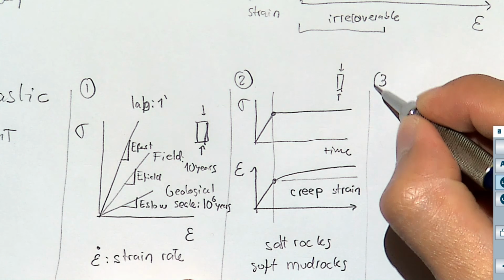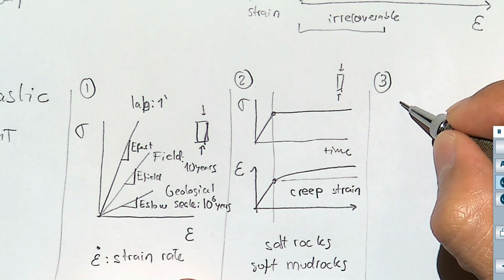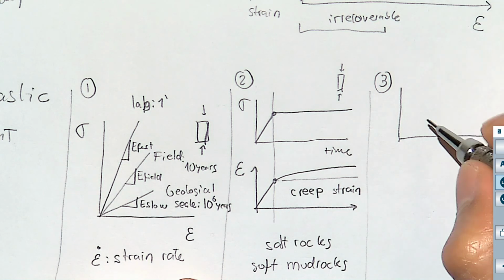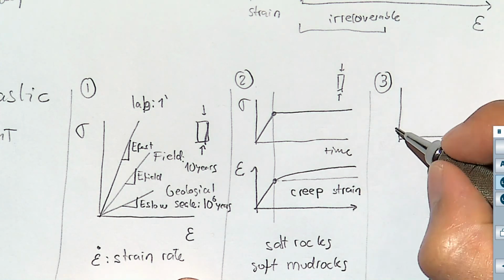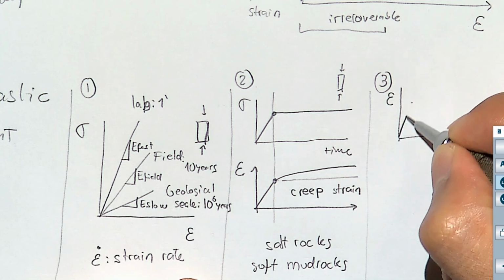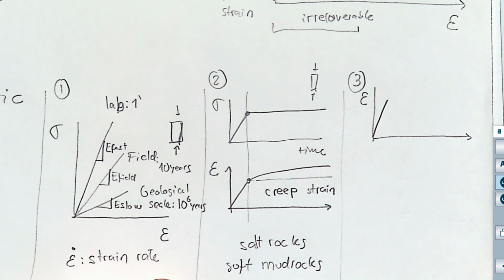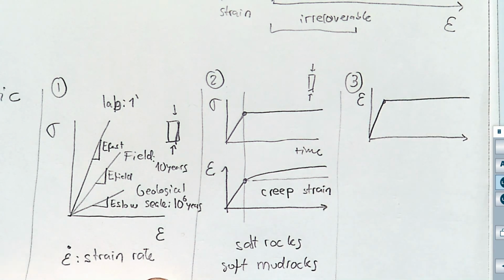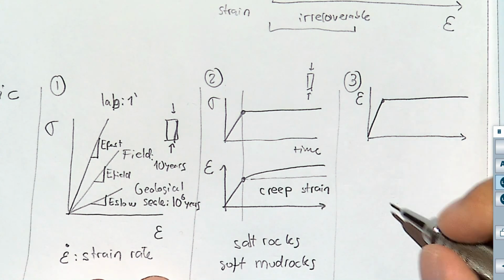All right. Number 3. I'm going to do the opposite test now. And we did this actually here in the laboratory in our load frame. I'm going to deform the rock. And after I deform it, I'll keep that length constant, or that strain constant.